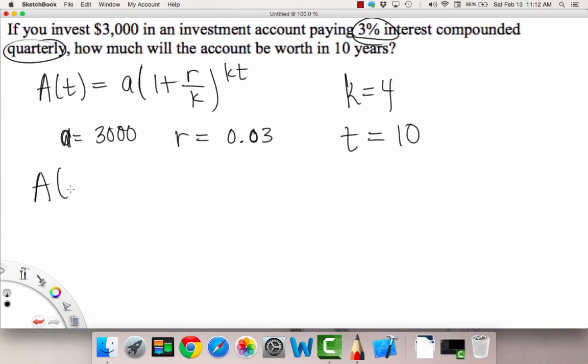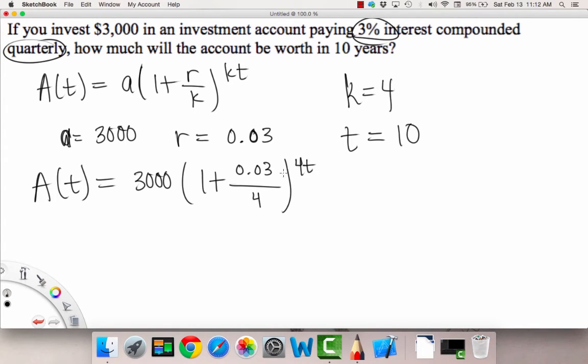Let's just set up our general formula without plugging in t equals 10 yet. A of t is equal to 3,000 times 1 plus 0.03 over 4, and up here we just have 4t. Once we do that, we can plug in our 10 for t. So A of 10 will give us how much the account is worth in 10 years.